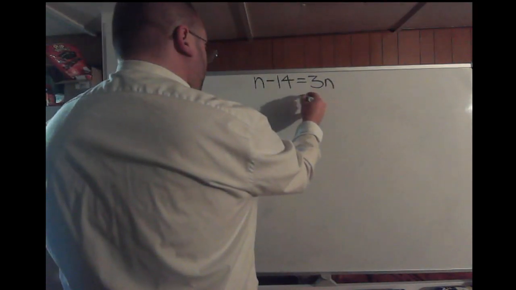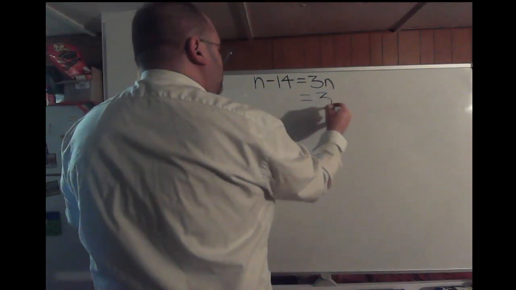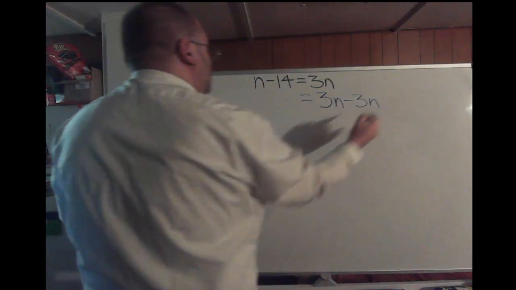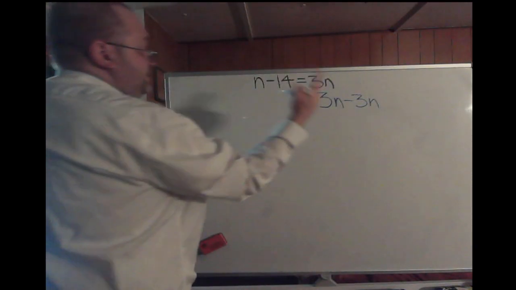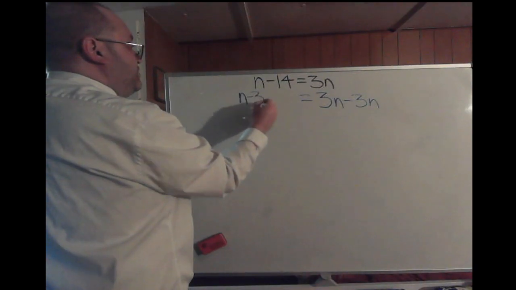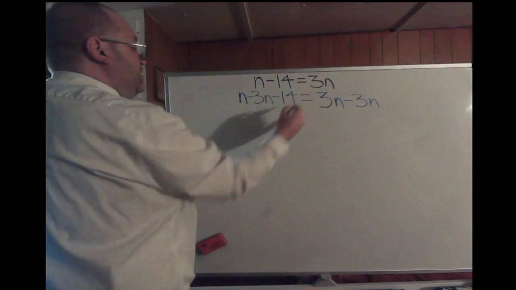So you have a plus 3n on the right, that means you need to subtract 3n. So on the right-hand side, you'll do 3n minus 3n. Now, since you did it to the right side, you also have to do it to the left. So you'll have n minus 3n, then you'll still have that minus 14 hanging out.